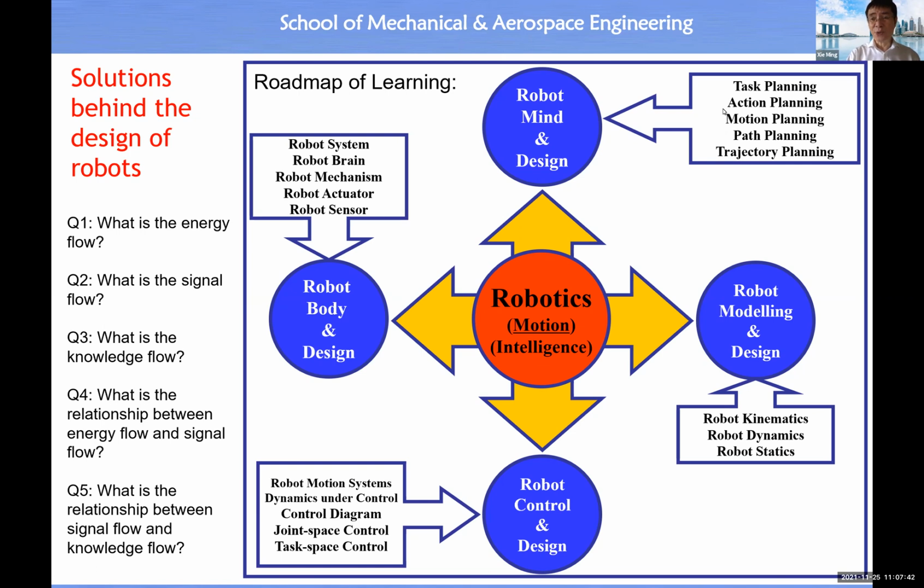So you see the relationship between knowledge and motion signal. Basically, module 1 has already taught you about the relationship between signal flow and knowledge flow. So now we focus our study on module 2, which is to design the robot's body.